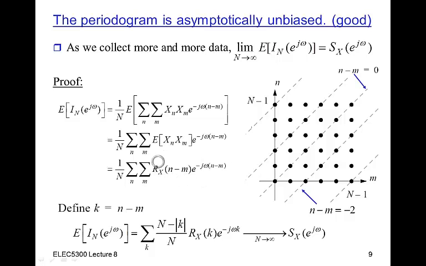Now, the thing inside that we're summing over is constant along lines where n minus m is a constant. So n minus m is constant along the diagonal, or lines that are parallel to this diagonal. This diagonal here is where n equals m, or n minus m is equal to 0. On this line here, n minus m is equal to 1. For example, this one here, I've already written it. n minus m is equal to minus 2.